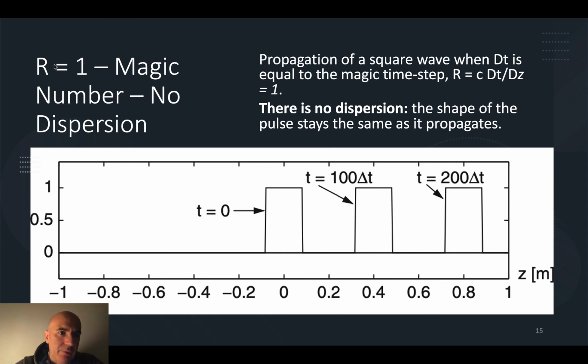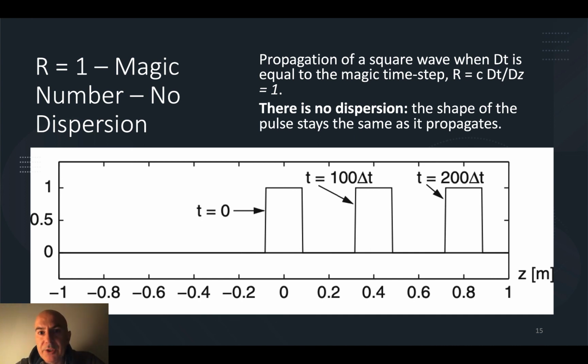In this case, we're using r equal to 1, that is r corresponding to the magic time step, and we know already that there's not going to be dispersion. The propagation of a square wave when delta t is equal to the magic time step is not affected by dispersion.